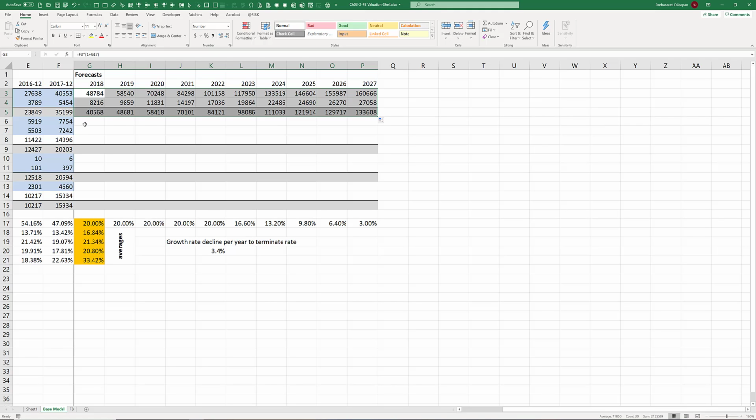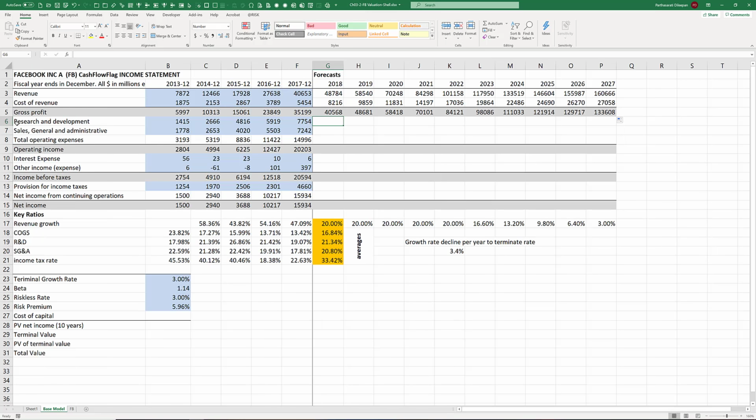Okay. Next, research and development, and sales growth. Again, they are based on revenue. So revenue times R&D percentage, make that absolute reference.